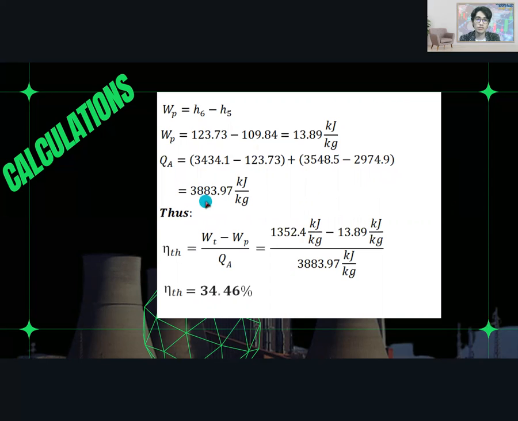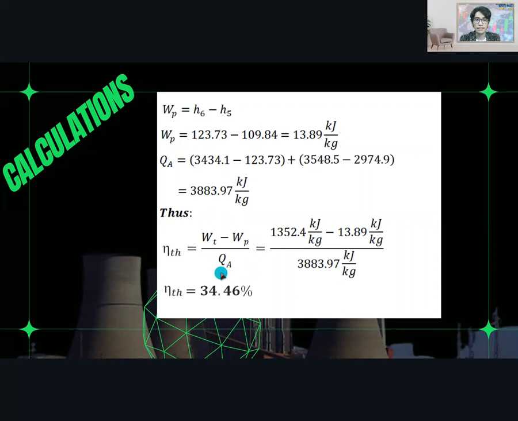Our heat added is equal to 3,883.97 kilojoule per kilogram.